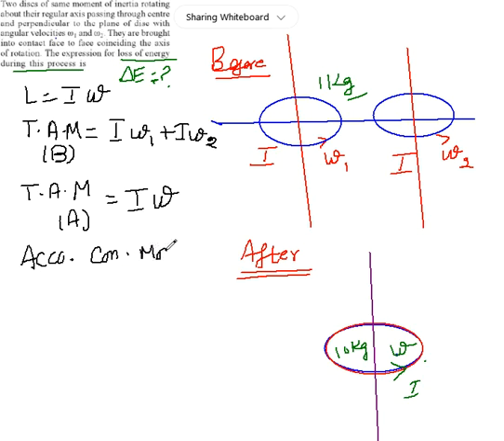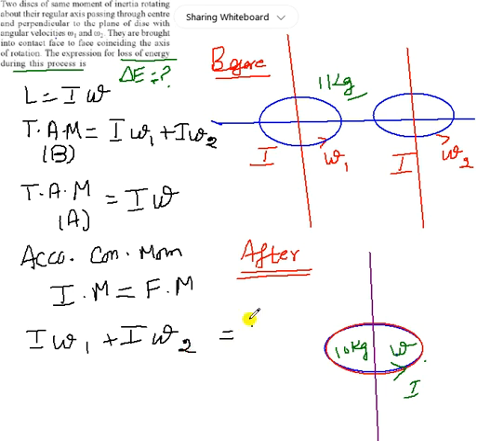According to conservation of momentum, the initial momentum must be equal to the final momentum. What is the initial momentum over here? I omega 1 plus I omega 2. The final momentum is going to be of two systems: for the first system I omega, for the second system also I omega. So I omega plus I omega gives you 2I omega.